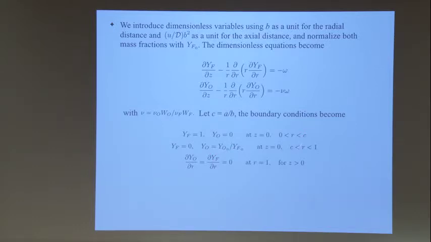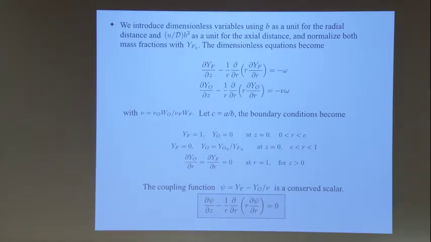C is the ratio, it's made dimensionless, so C is the ratio of A to B, the inner to the outer radius. And along the duct, there is no flux, no penetration. Okay, so those are clear boundary conditions.